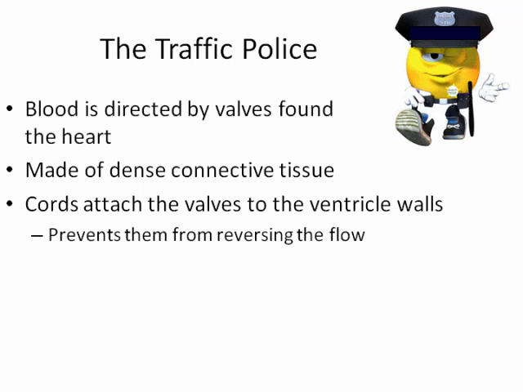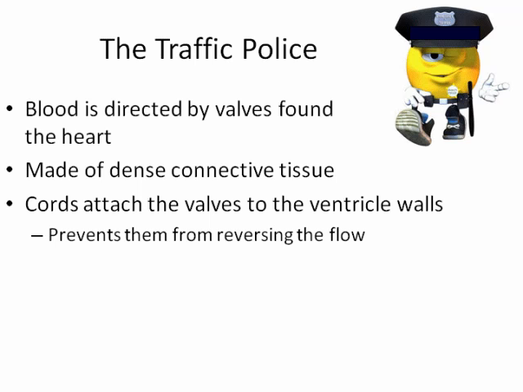These valves are made up of dense, regular connective tissue. And there will be cords that we will talk about here in a couple minutes that will attach to these valves, and that will allow for the prevention of backflowing of the heart.